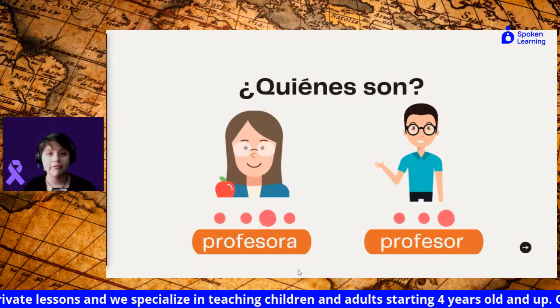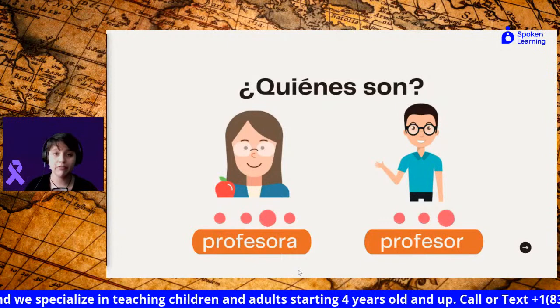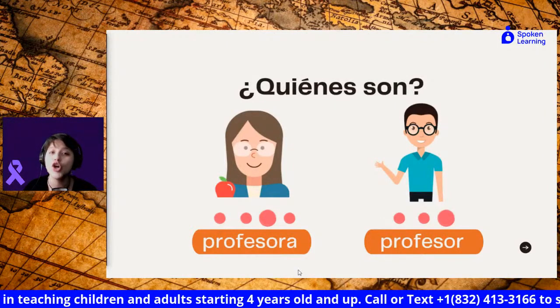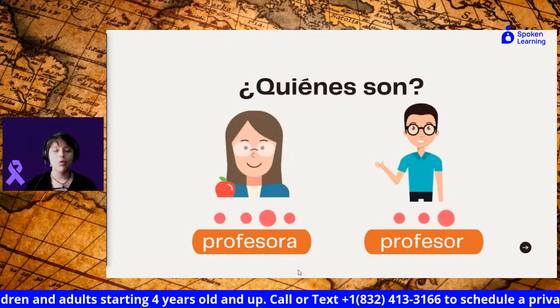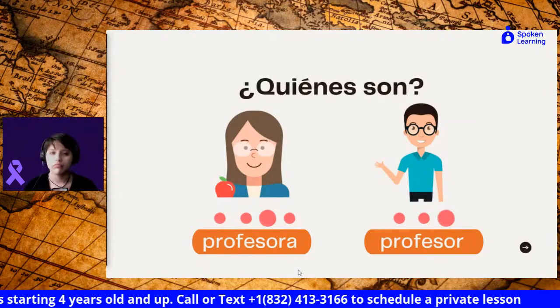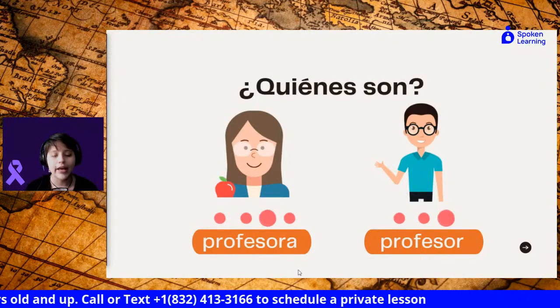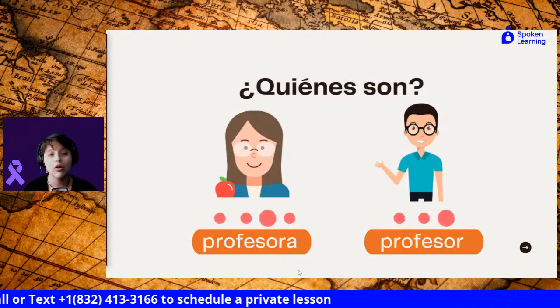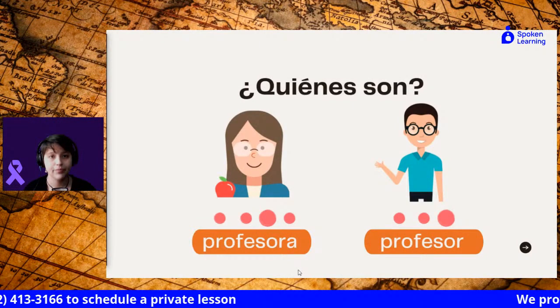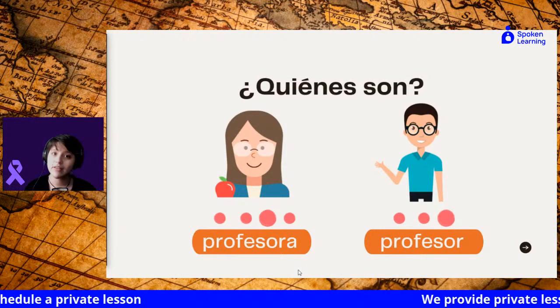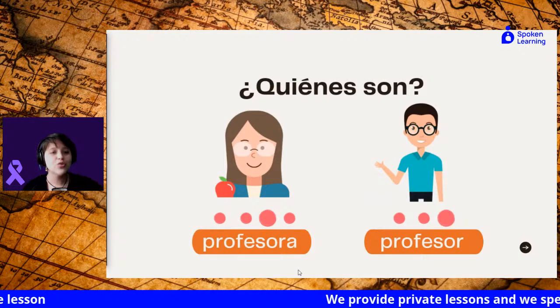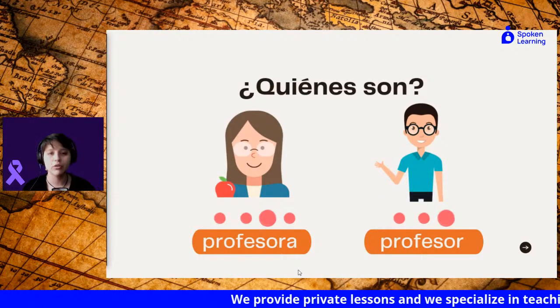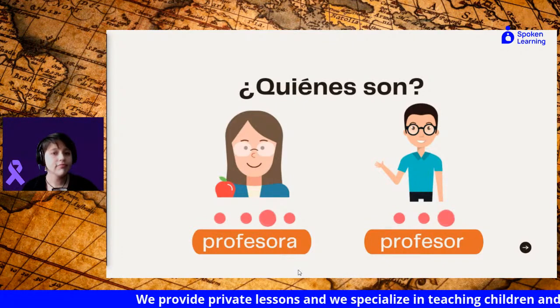What kind of modifier? In this case would be a determiner, actually. What kind of determiner? Femenino, like la or una, las or unas. So now we're talking about articles, determiners.